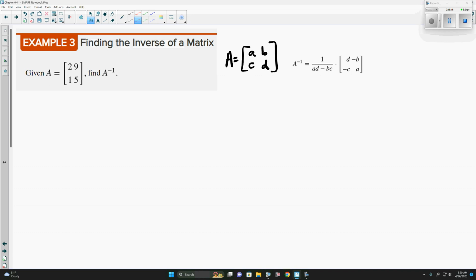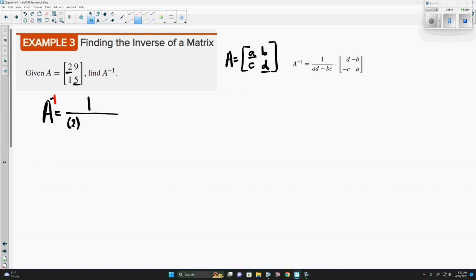Now, before we go into the next matrix or finding the inverse, I'm going to do this formula with this one here. So the first part of this formula is 1 over AD minus BC. So AD, these two here, in our case would be 2, 5.